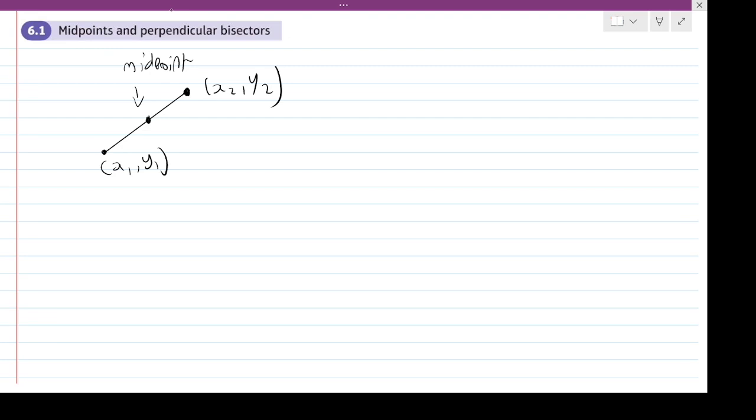But how to calculate it? Well, it's the middle point, so it's the average value. We calculate the midpoint by taking the average of the x values and the y values. The mean average: you add the values together and then divide by how many there are. We have x1 and x2, so we have the two x values over 2 because there's two of them, and that's the average x value, which gives the middle x point.